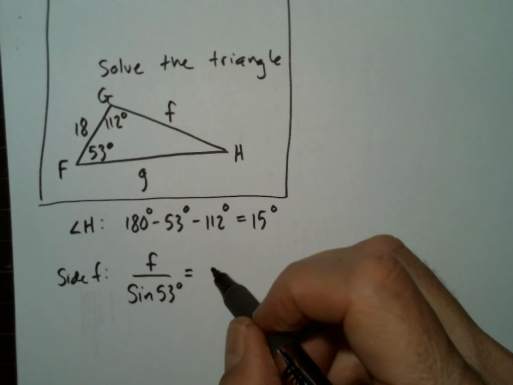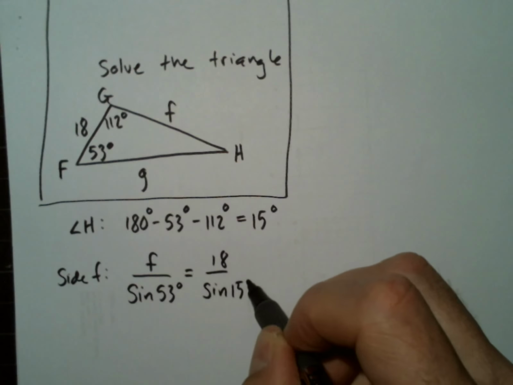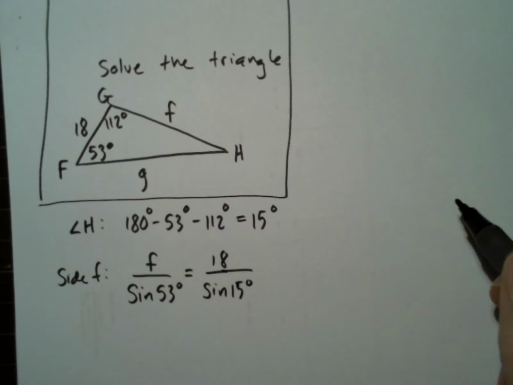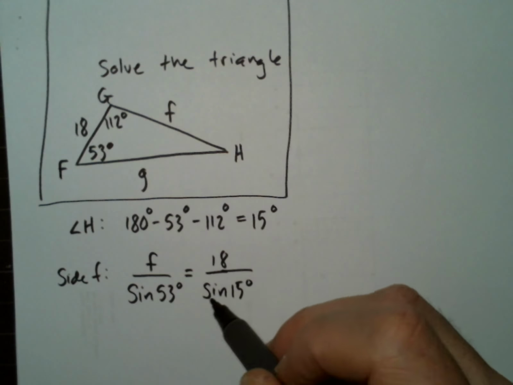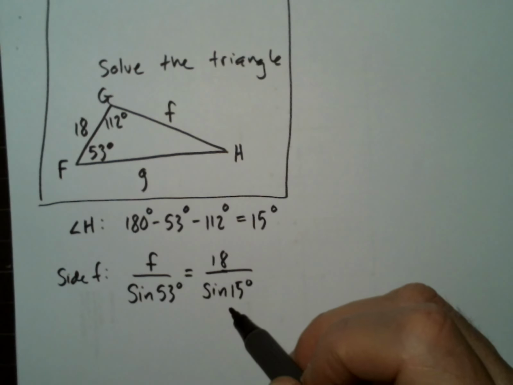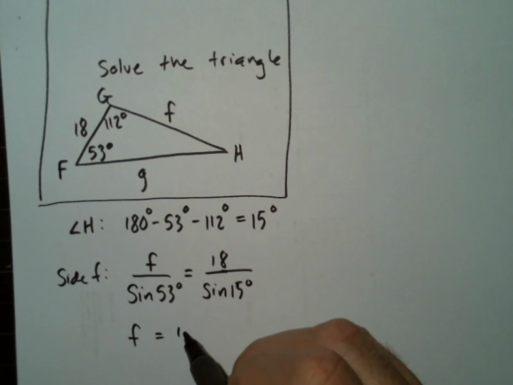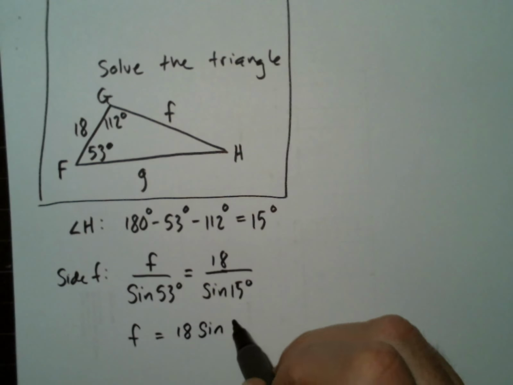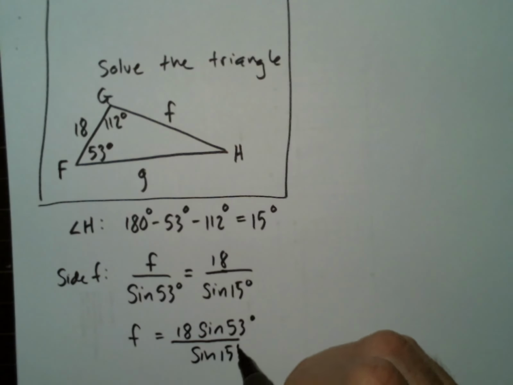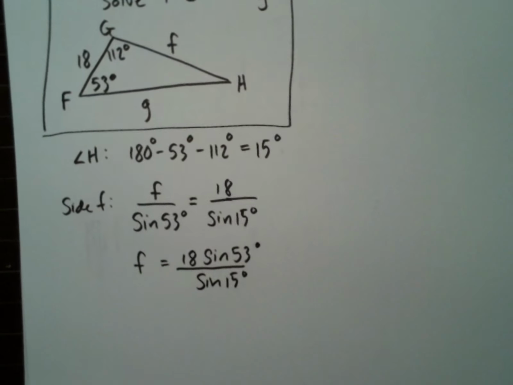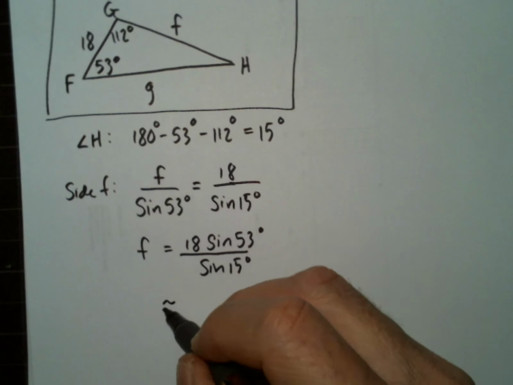And then we'll have side H, which is 18 over sine 15. We could write this proportion with the trig functions on top in the numerator; it doesn't matter. Let's multiply by sine 53, and we'll just put that into the calculator.